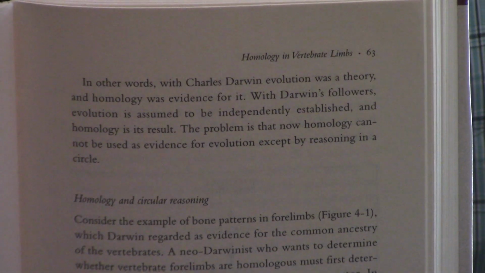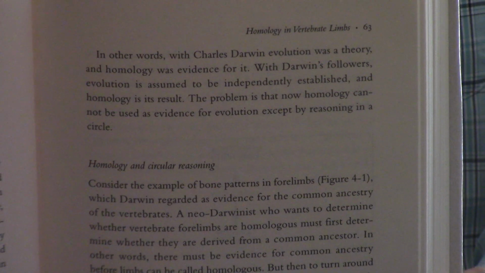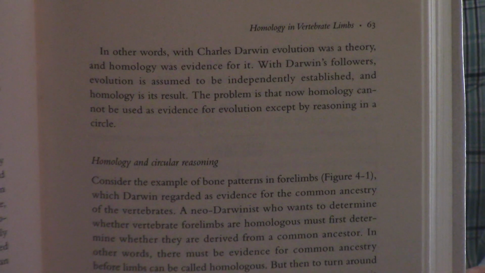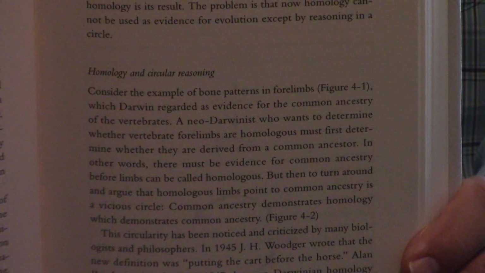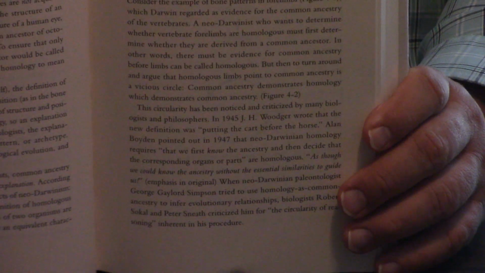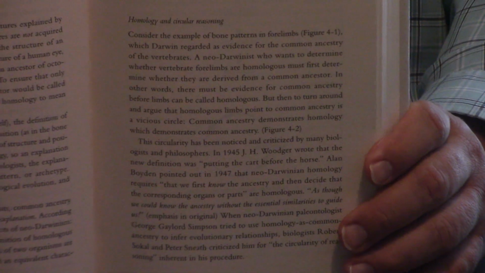Just fantastic reasoning. In this particular chapter, he comes to a devastating conclusion that it can be shown that homology really has nothing to do with common ancestry, because there are enough differences, such as in hips and walking upright versus not walking upright.